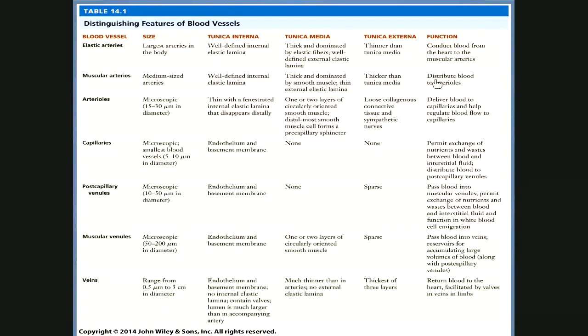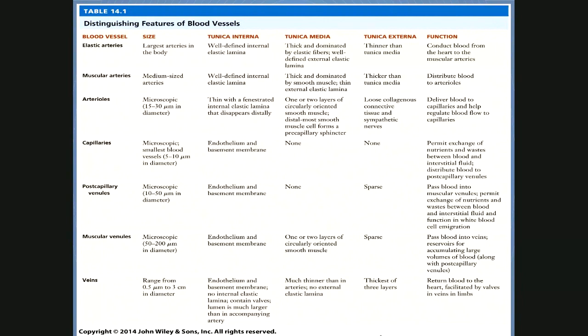Muscular arteries distribute the blood. The arterioles control the rate of blood flow into the capillaries. In the capillaries is where all the exchange occurs. The postcapillary venules and the muscular venules bring the blood back to the heart. So this is a nice review of everything we've covered.